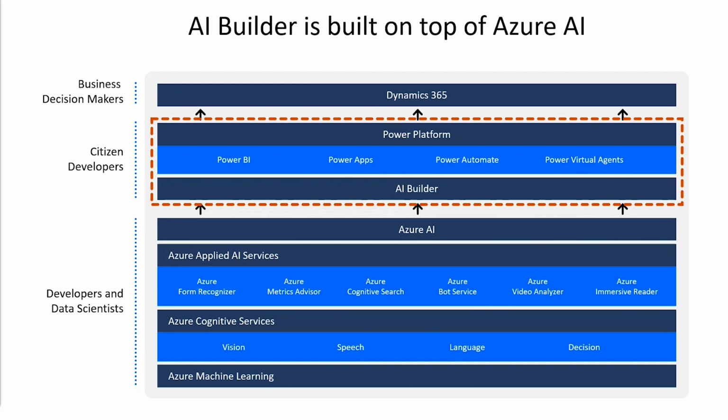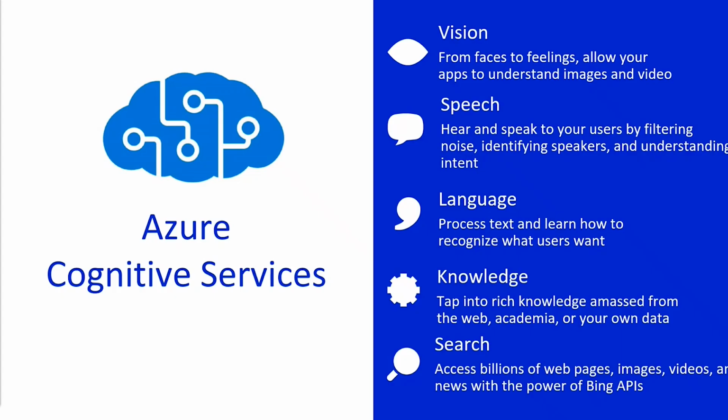So as I mentioned, we are now, let's say, on top of Azure AI, and we will be using under the hood the Azure Cognitive Services. So these services are different kinds of APIs that will help you to build intelligent applications.